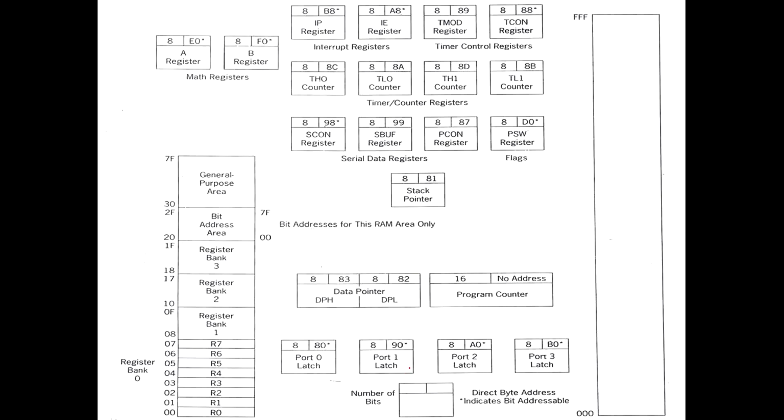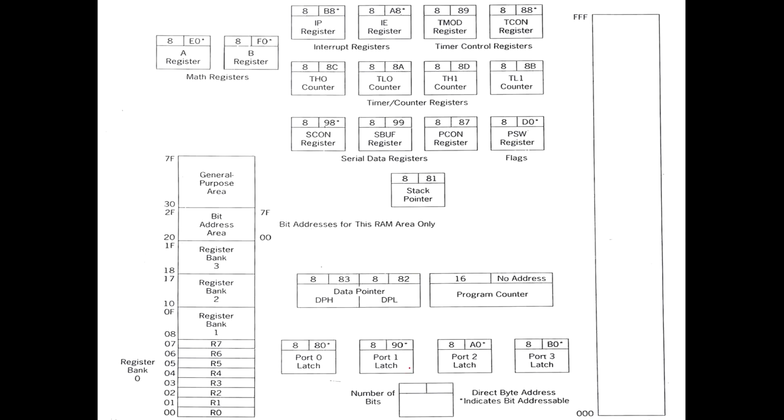So totally this is our programming model. Sometimes they ask to explain the programming model of 8051. Then we need to write the RAM content and whatever special function registers are present, along with the ports and program counter.